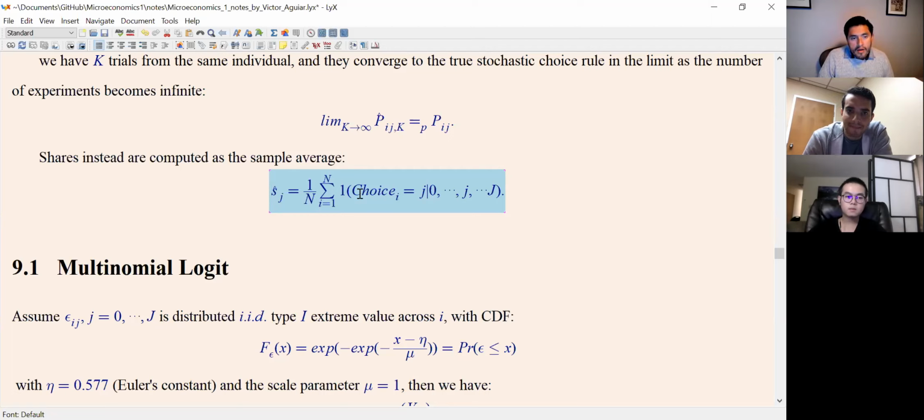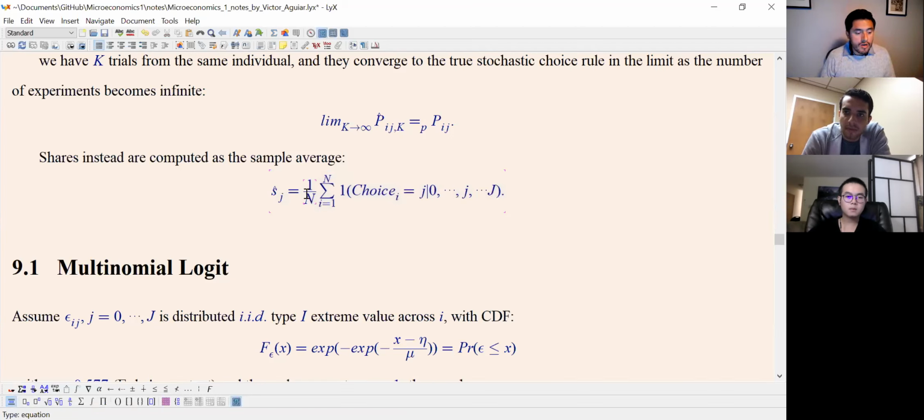Stochastic choice, on the other hand, preserves a lot of structure. In this case, we have individuals, each of them with their own utilities, and then we observe the outcome of such utility maximization, which are ones and zeros. I take the average of them, which is this share. And then it turns out that the share is going to have a lot of properties that come from utility maximization that is called random utility, right? And this is what we're going to understand today, okay?